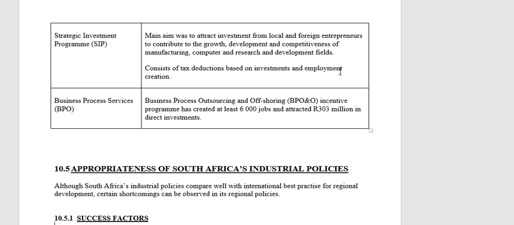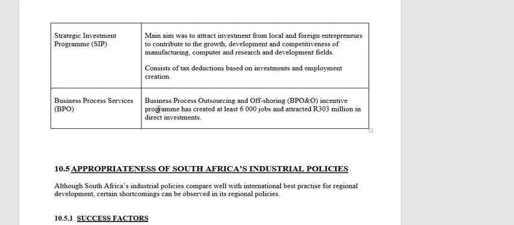The more employment created, the bigger the tax deduction, because they are doing the government a favor by starting businesses and creating employment. So the government gives them the advantage of reducing the taxes that they have to pay. All right. Obviously, these are identified activities, right? These are the activities that they wish to stimulate with this program.